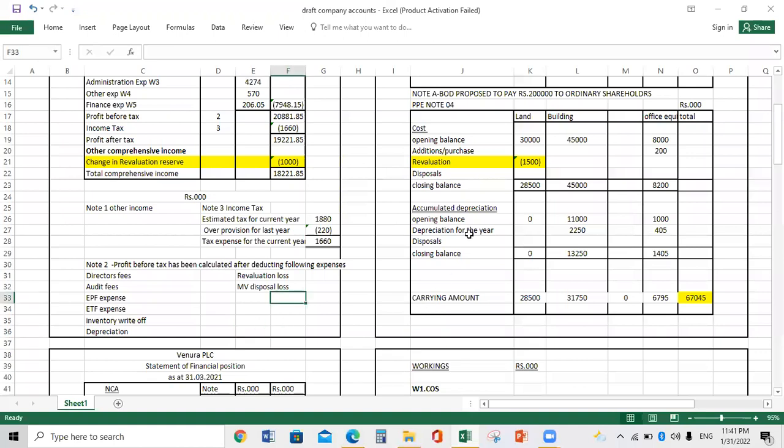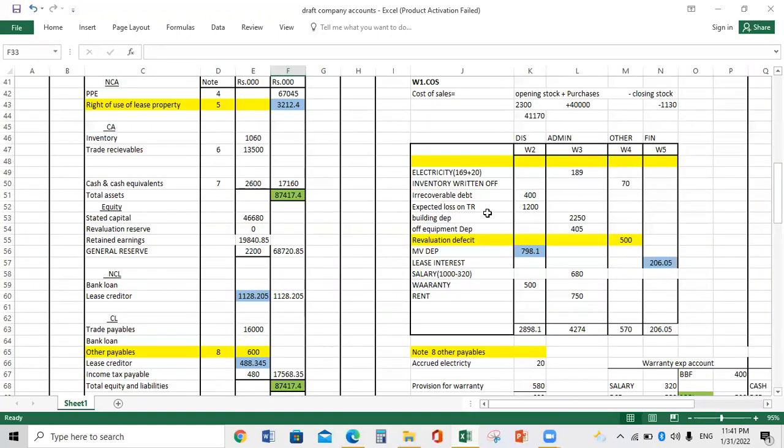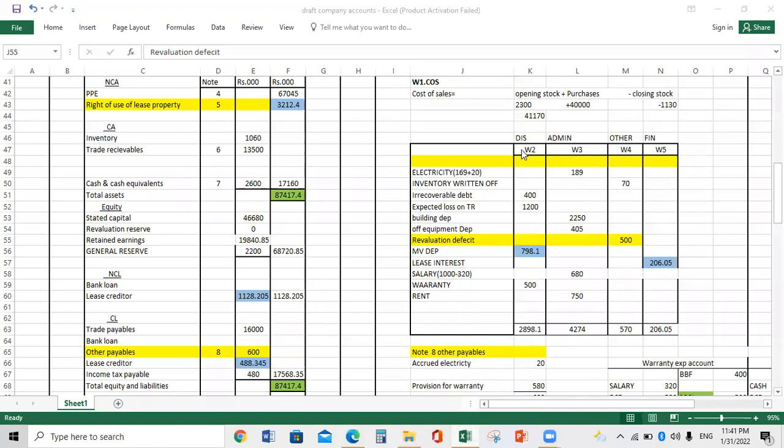So in this example, what are the expenses which you can write? You can write the depreciation, lease interest, warranty, stock written off, revaluation loss. Okay, so I'll just mark it. You can write inventory written off, the main expenses.